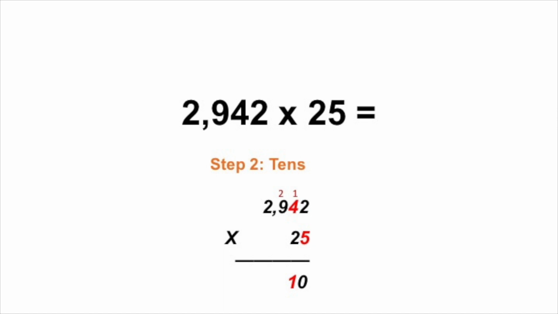Well done. So we write the 7 and carry the 4. 5 times 2 equals 10. Plus 4 equals 14. So now we have our first answer. 14,710. But now we need to move on to the tens column.